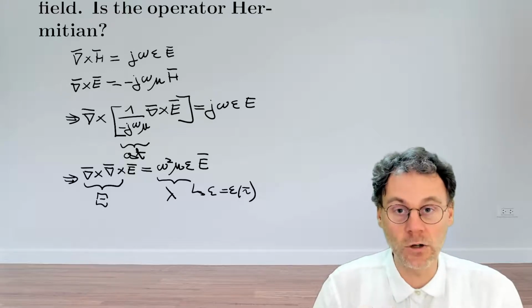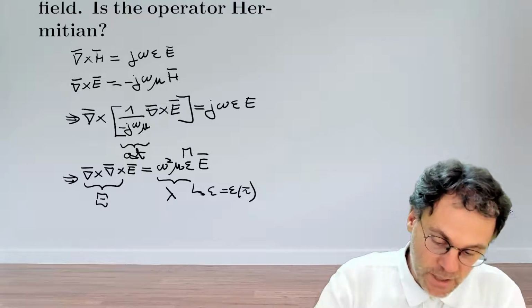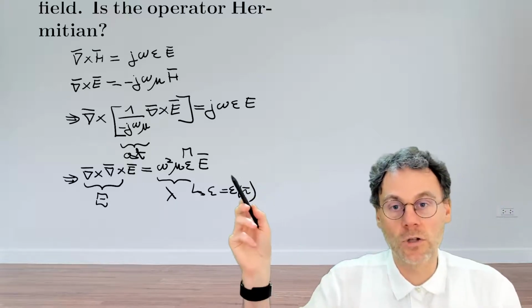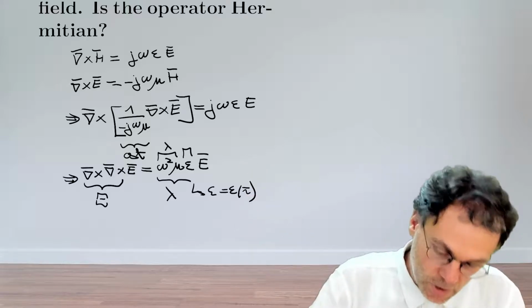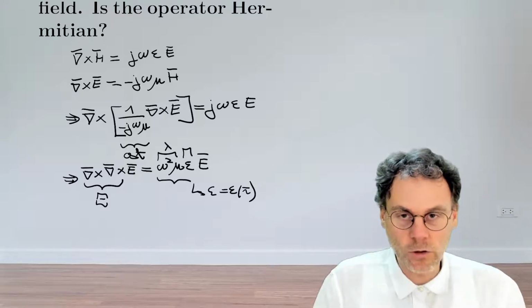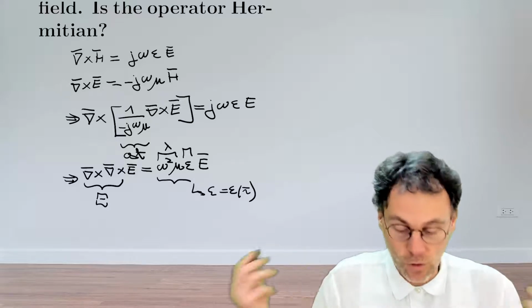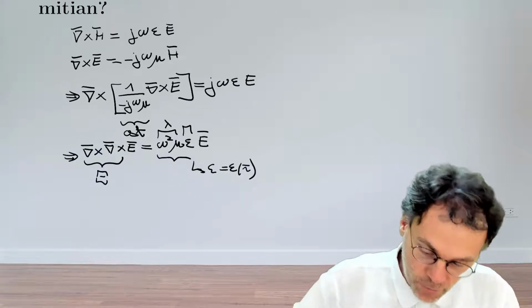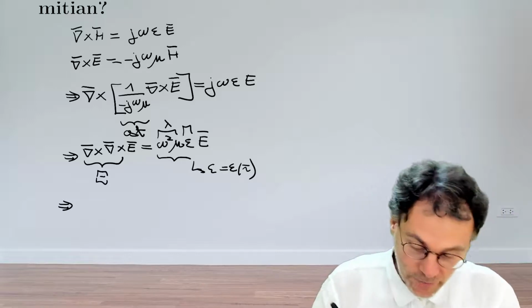Actually, what we have here is not a normal eigenvalue problem, but rather a generalized eigenvalue problem, where we have a second operator here that first operates on the electric field before you have the actual eigenvalue omega squared mu. So in order to turn this generalized eigenvalue problem into a normal vanilla eigenvalue problem, we basically need to move this epsilon here to the left-hand side.